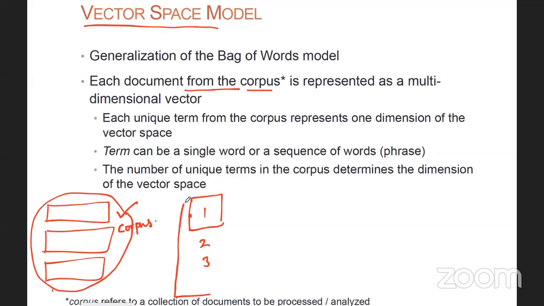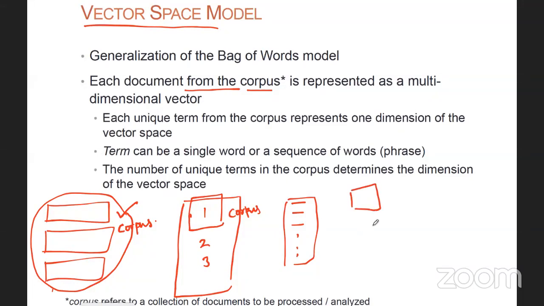Combine all of them, thousands of documents, and collectively we refer to it as a corpus. If I'm analyzing SMS messages, first message, second message, third message, combined they are a corpus. Or you have books, book 1, book 2, book 3, and collectively we refer to them as a corpus. That means a corpus is a collection of documents, reviews, messages, or books, whatever it is. If we put all of them together, that is called a corpus.